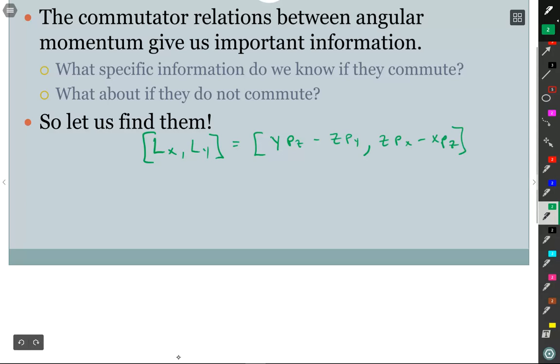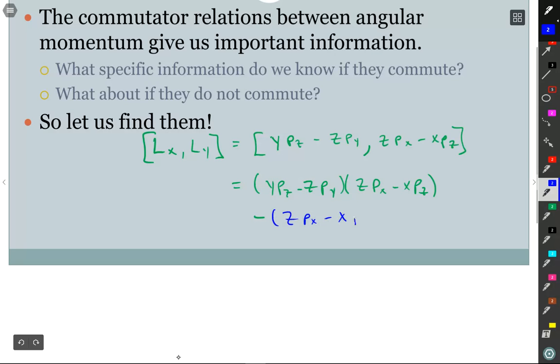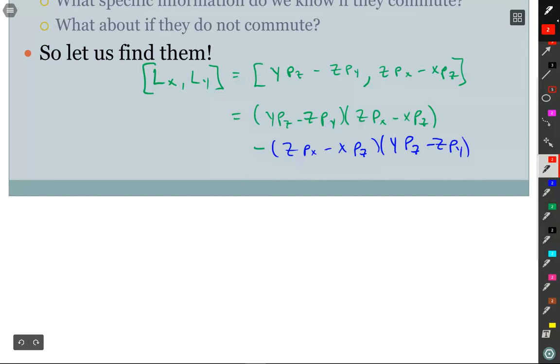So with that, we just go ahead and write it out long form. y pz minus z py, what I like to think of as zippy, times z px minus x pz, minus z px minus x pz times y pz minus z py. And of course, already this is becoming annoying, isn't it?